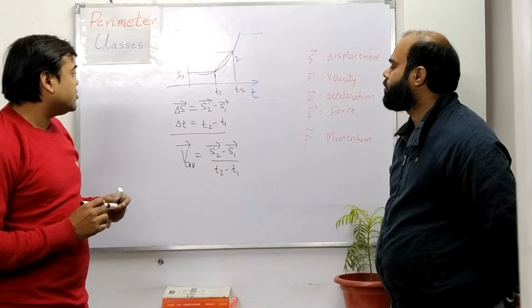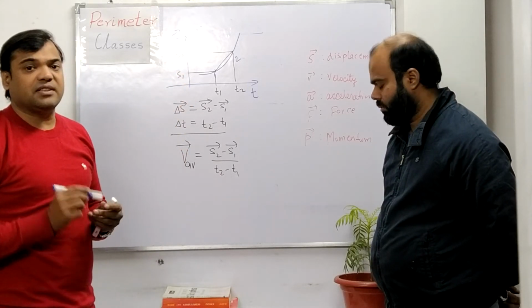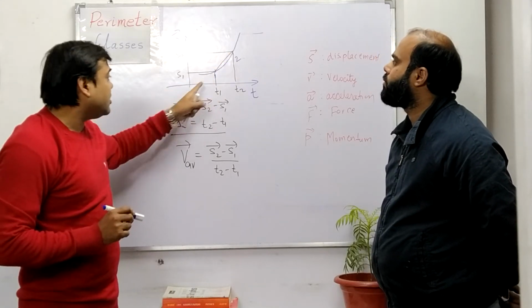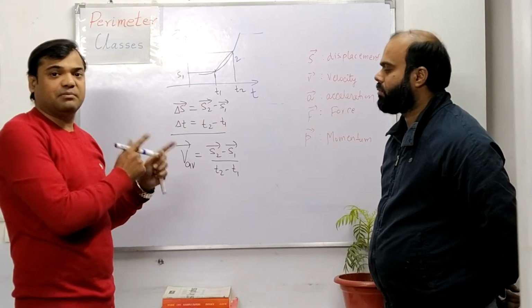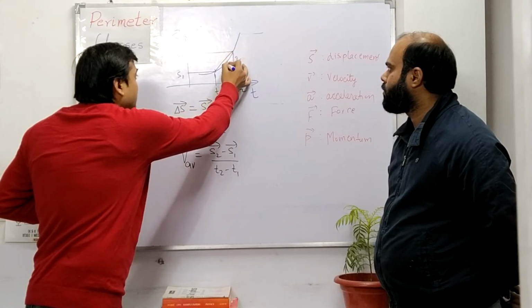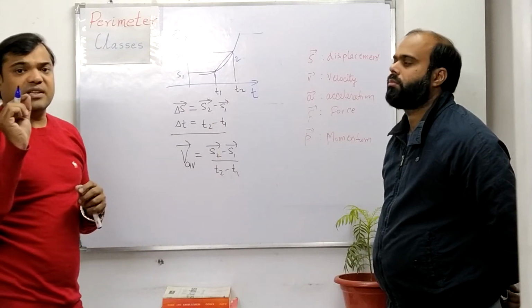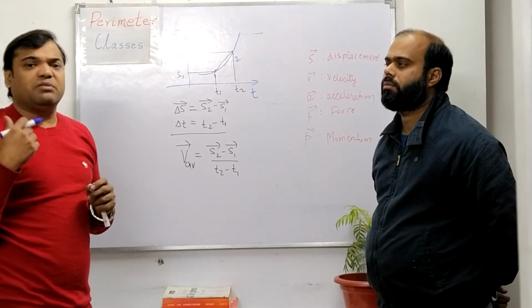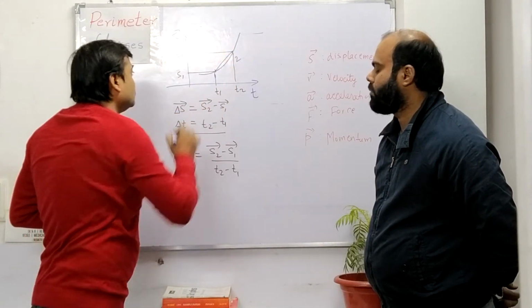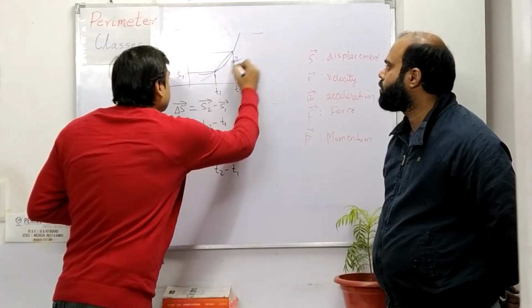Now when we want to calculate the instantaneous velocity, that is the velocity at a given instant, you must have learned in the last lecture how Subbu sir explained how a chord becomes a tangent. It is exactly the same thing here. When we bring point 2 very close to point 1, so close that the distance between them is very close to 0, at that point the line connecting point 1 and point 2 becomes like a tangent passing through point 1.